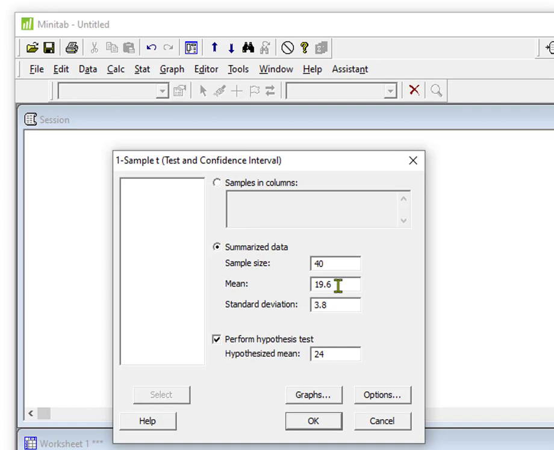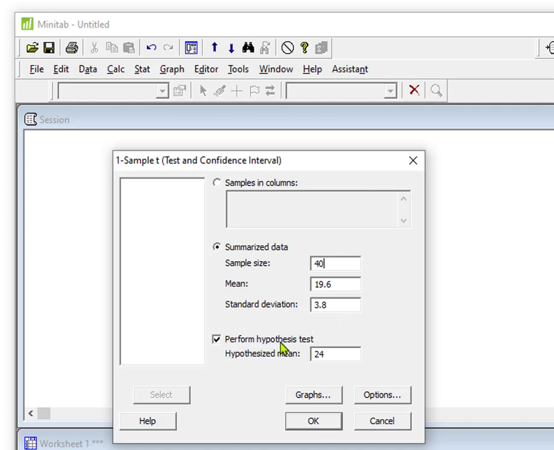You have to recall this because I've covered up the problem statement, but the problem said that the sample mean was 19.6 chips in each cookie, and our sample standard deviation was 3.8 chips. That's calculating the mean and the standard deviation just as you learned the first week of class.